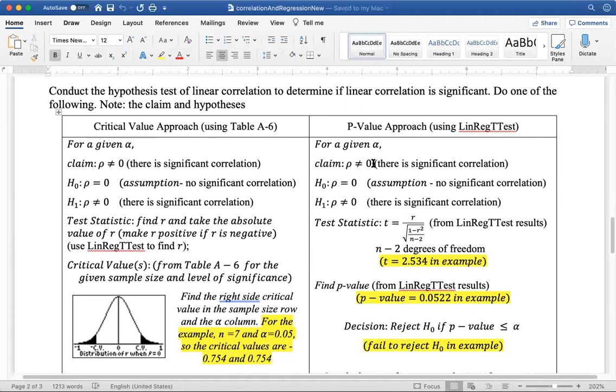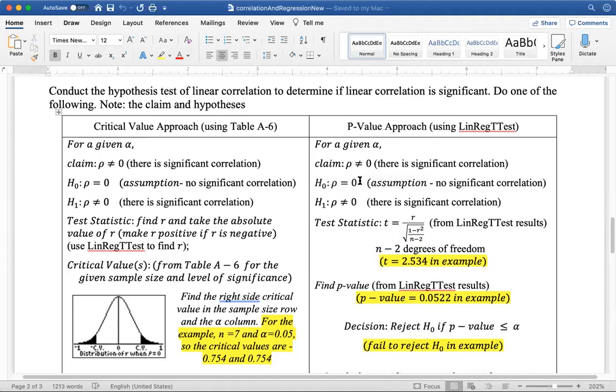If it is 0, there is no significant linear correlation. If it's not 0, there is. If rho were positive, it would be positive linear correlation. If negative, negative linear correlation. But 0 is no significant linear correlation.